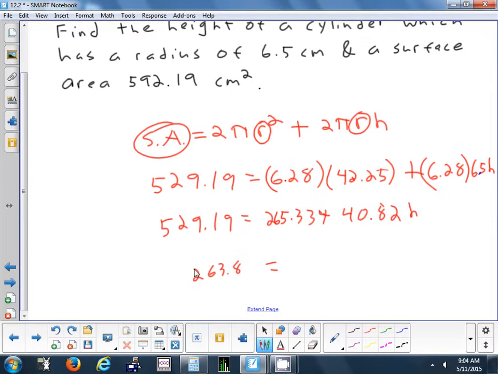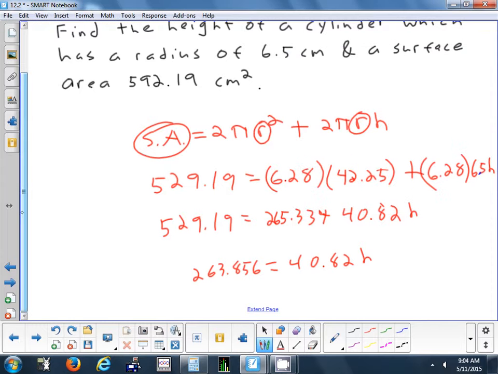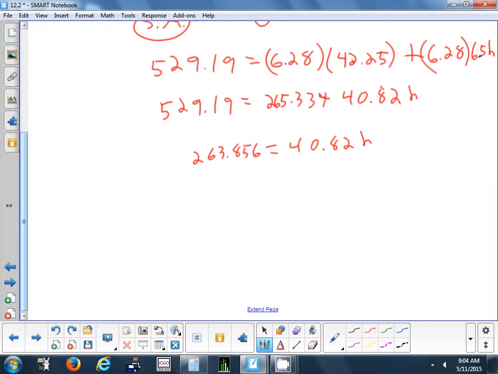That's 263.856. And 40.82 is still on the other side. What's my last step? Divide by what? Yep. So we get a height of about 6.5. Just a coincidence that it came out the same as the radius.